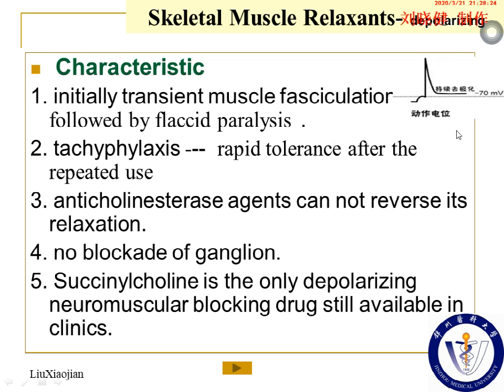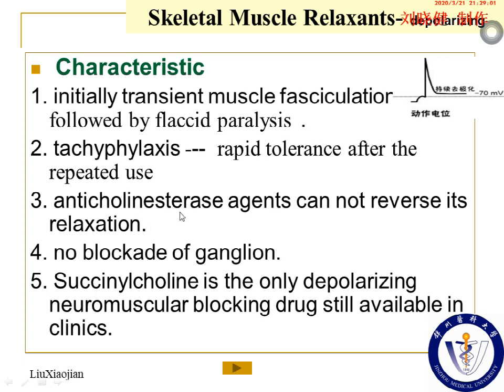But this drug's relaxation of skeletal muscle has a rapid tolerance, tachyphylaxis, after repeated use. And anticholinesterase agents cannot reverse its relaxation, because this relaxation of skeletal muscle is not caused by competition to bind to the receptor.